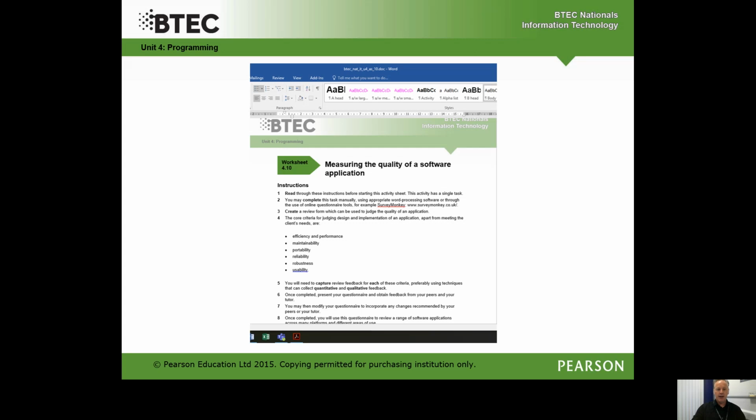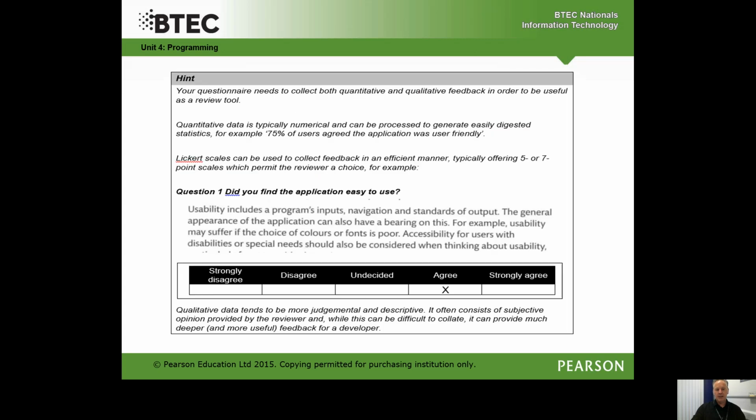Now, to help you, what we've done with the assignment is given you an example of what question 1 could look like. Now, you should use different tools to collect the data that's both quantitative, which means something you can measure, so how many people agree, disagree or undecided, or use scales, which is also quantitative.